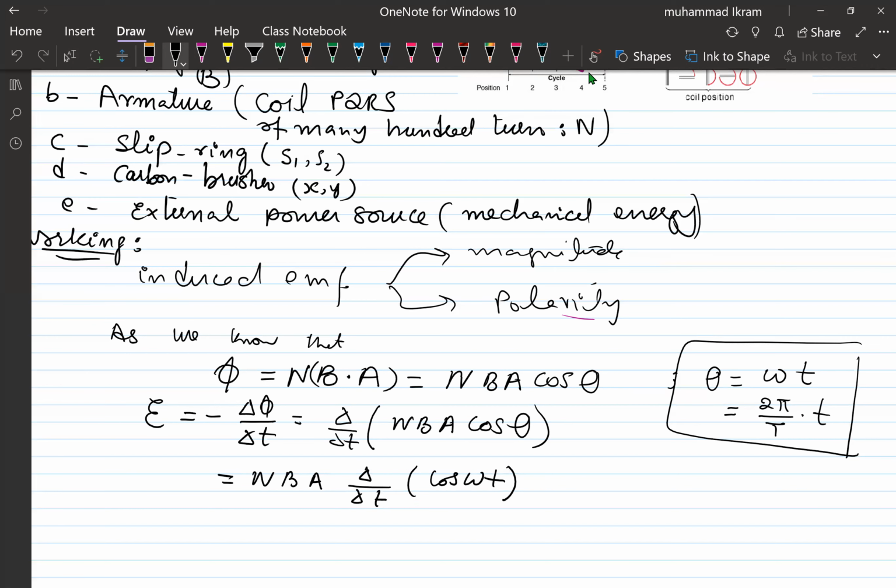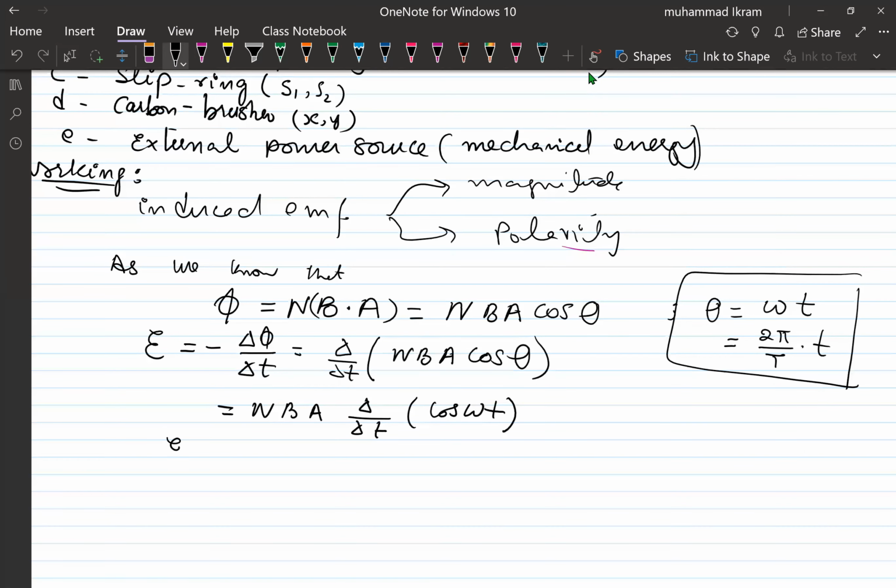So if we apply the limiting condition here, we will write that the instantaneous induced EMF is equal to n B A into the limit, as the smallest interval of time delta t tends to 0, of delta by delta t into cos omega t.